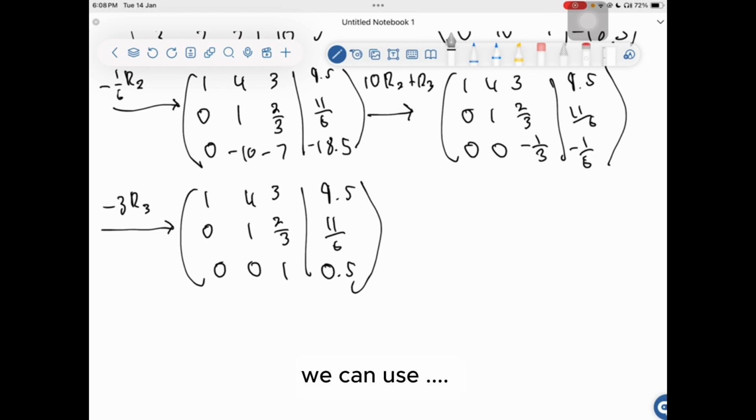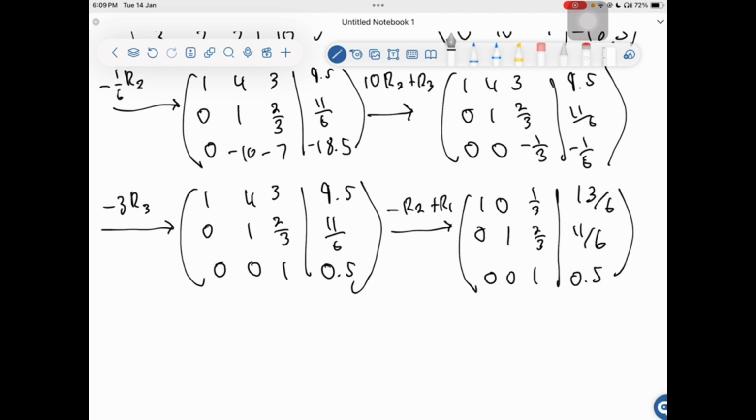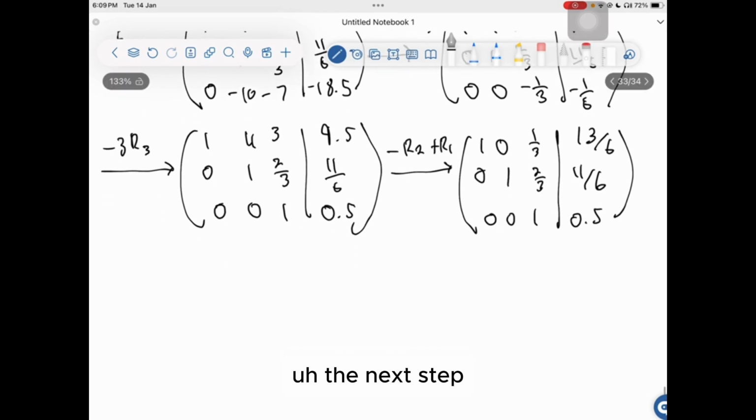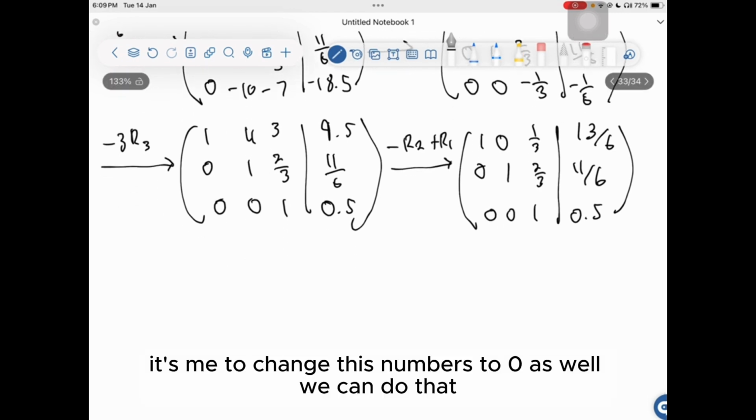So next, we need to change these numbers to 0. We can use the equation negative R2 plus R1. So we get the answer 1, 0, 1 over 3, 0, sorry. The next step is we need to change these numbers to 0 as well.